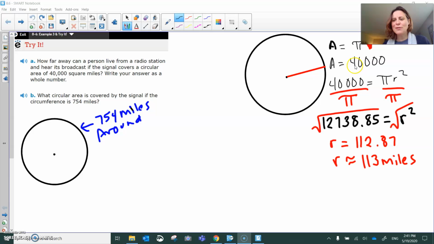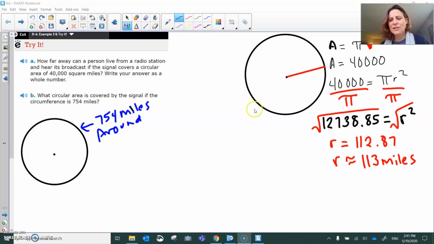On this one over here, I know if you take the radius and double it, the radius doubled would have been 226 miles across. And I had told you that if you take the diameter and triple it, that's the distance around. Well, 226 miles across tripled is 678.